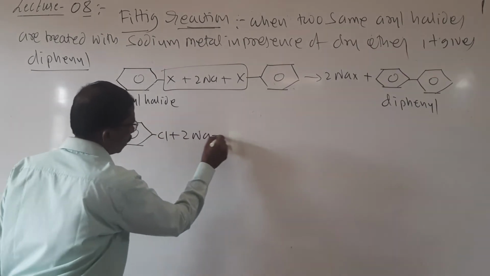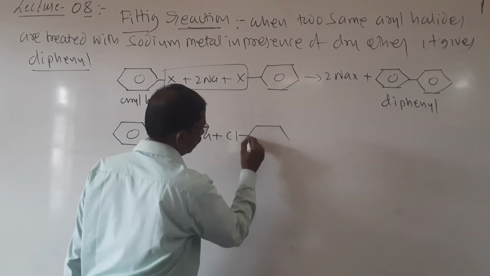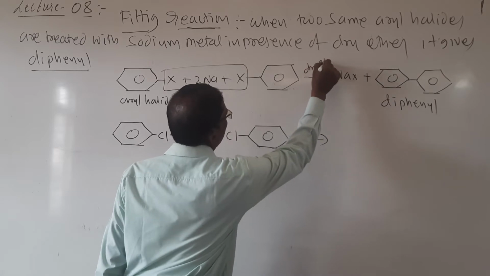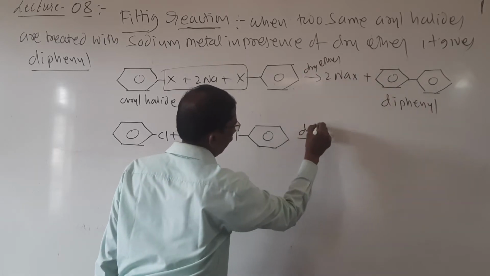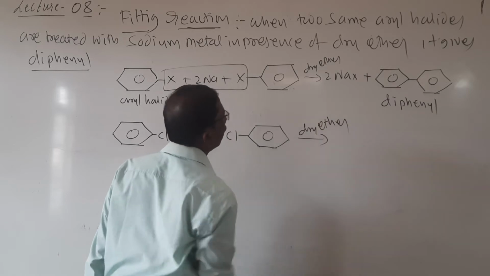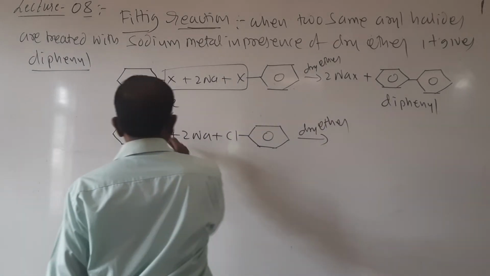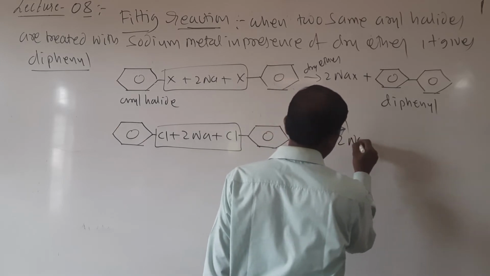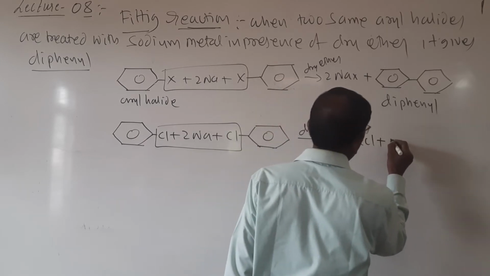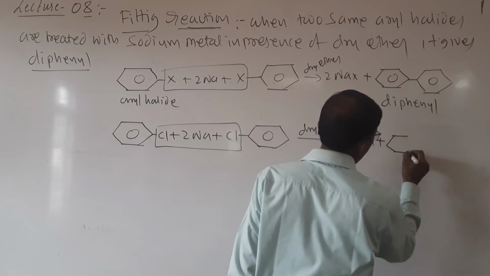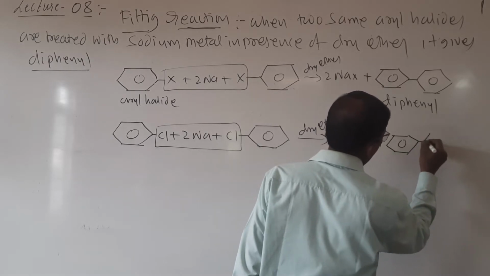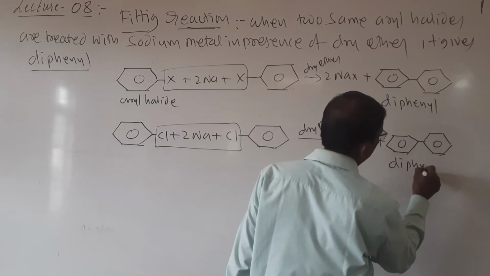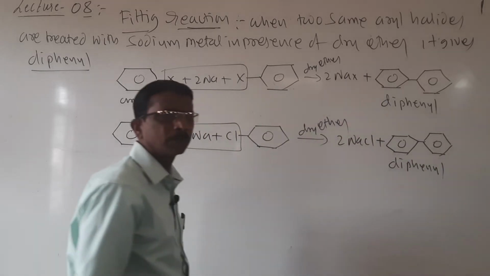Chlorobenzene plus 2Na plus chlorobenzene in presence of dry ether. So 2NaCl is removed, 2NaCl plus here it gives diphenyl.